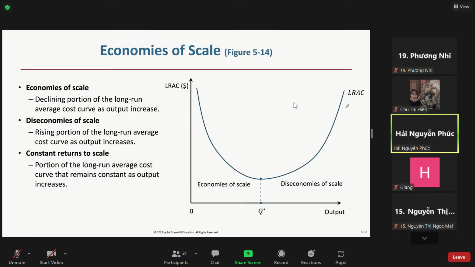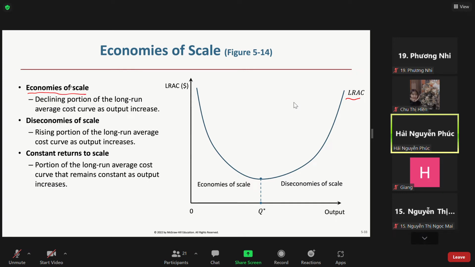Based on the long run AC curve, we can make the judgment about the following concept: economies of scale. Here is the definition of economies of scale.